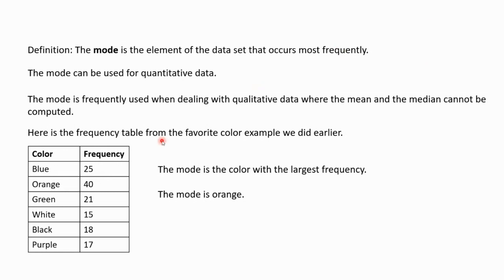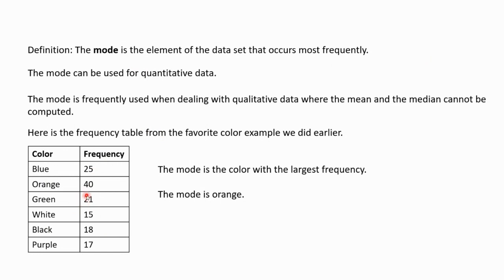And that's what this example, which we did last time, showed. We had these favorite colors and the frequency of how many people stated each favorite color. So the mode, remember, is the element that appears most often. For us here, it would be orange. You can't calculate the mean, because mean is just average.